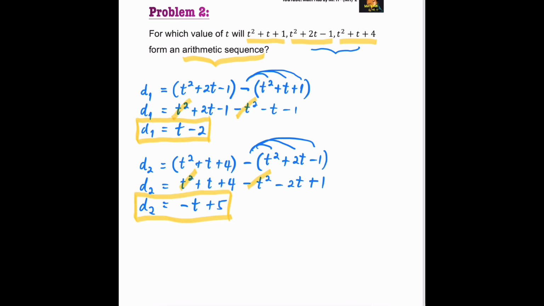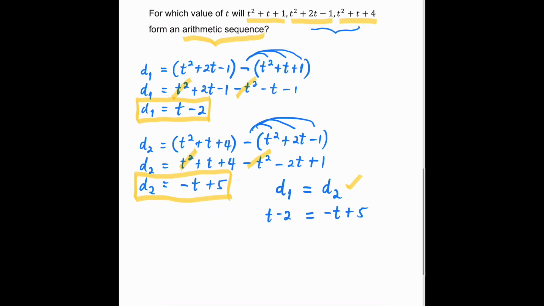Now, in order for the sequence to be considered an arithmetic sequence, common difference 1 must be equal to common difference 2. So that is t minus 2 equals d sub 2, which is negative t plus 5. All right, and then from here, we solve the equation. We retain t here. Negative t jumps over, will become plus t. We copy 5 positive. But negative 2 jumps over to the right, that will become positive 2.